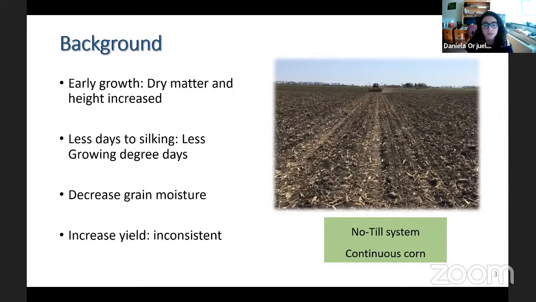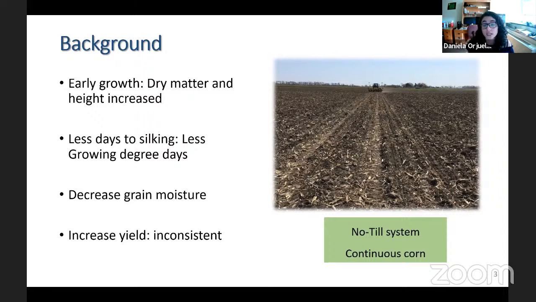Another result that has been common in the starter treatments is that plants with starter take fewer days to reach silking stages, meaning that they need to accumulate fewer degree days to be able to reach reproductive stages. These fewer days to silking can be related with a decrease in grain moisture. So we will have a longer period of time for the grain to actually dry more.